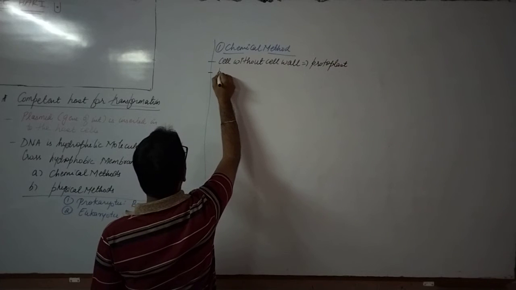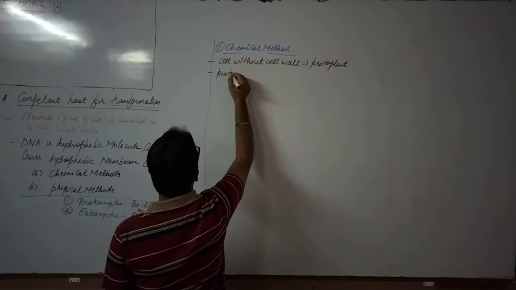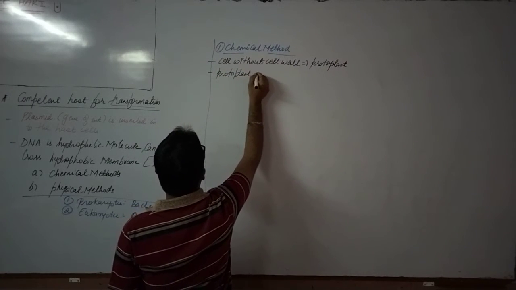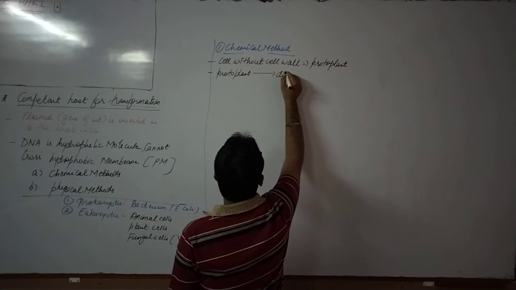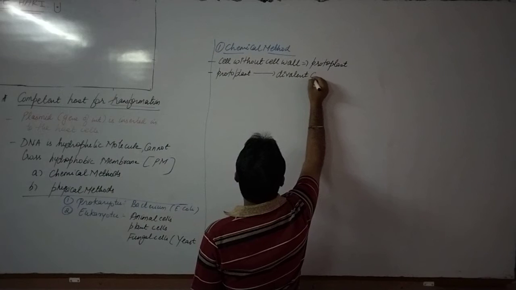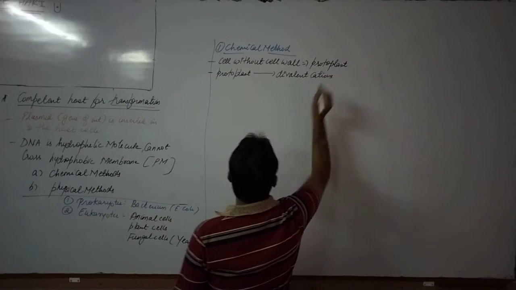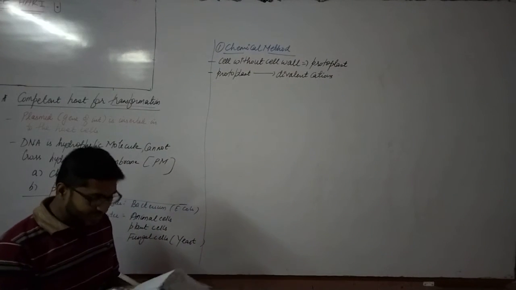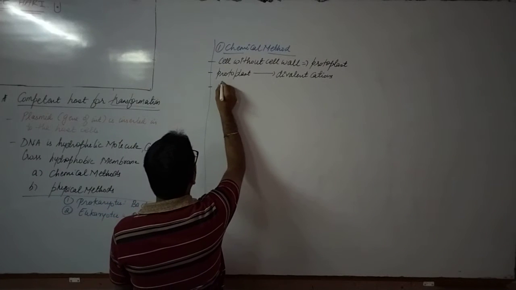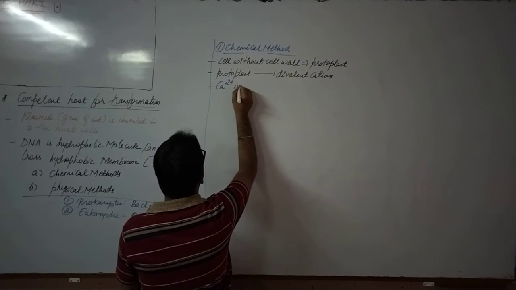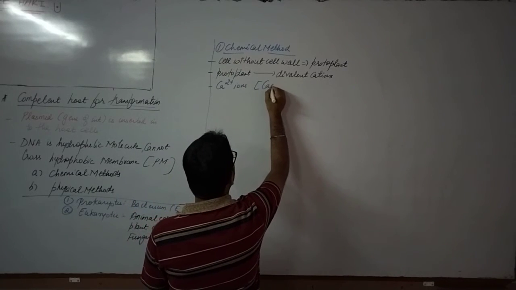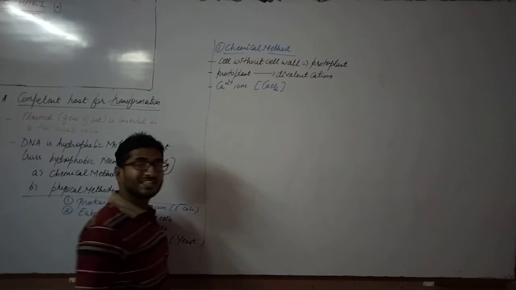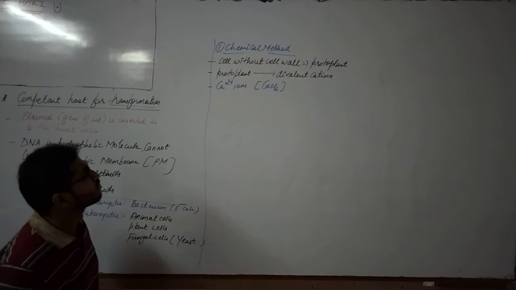So what we will do, we will take this protoplast and we will treat the protoplast with divalent cations. And the most common divalent cations which are used are Ca+2 ions. And the source of calcium ions is CaCl2, that is calcium chloride, which is the most common source.